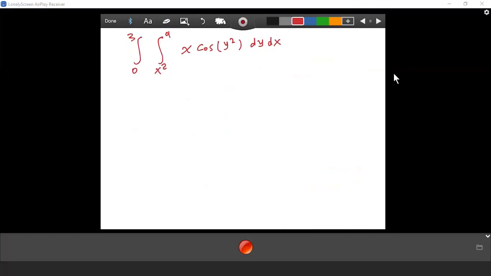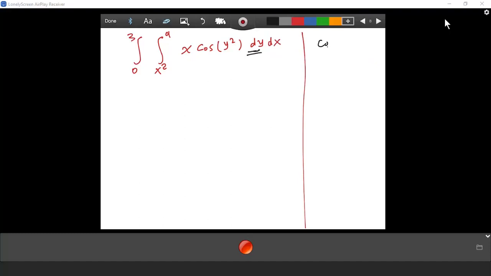Again, I should have a margin here, and I think in my margin, just not to have a mess in my solution. Okay. So as I said, can you integrate as it is given to you? So you start with y. No, because I have a problem with cosine y squared, right?